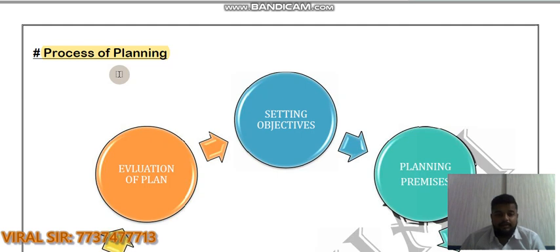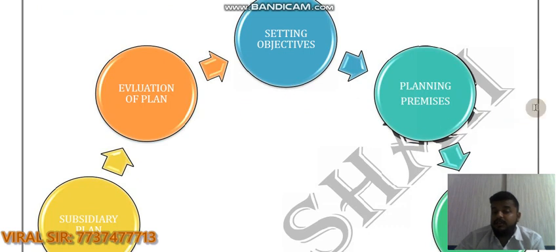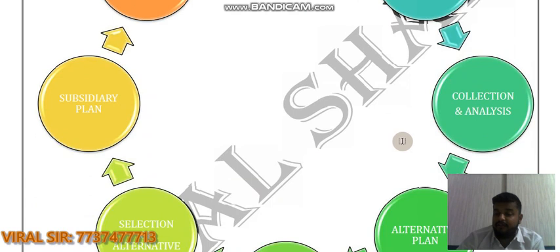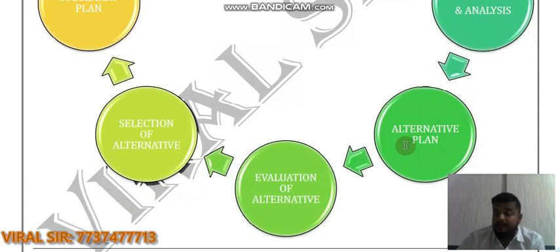So starting with the process of planning, how does planning start? First is setting up of objectives. We need to set up the objective. What is our objective? What do we want to achieve? Then planning premises, meaning where we are going to plan. Then collection and analysis of data for the future. Then alternative plans, meaning making 2, 3, 4 or many alternatives by which the plan can be achieved.